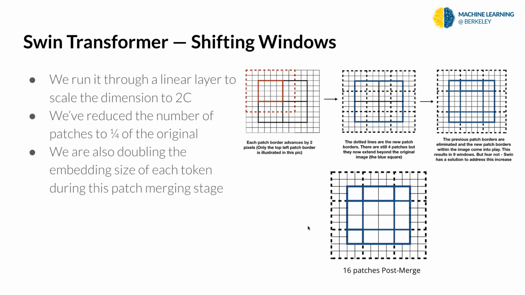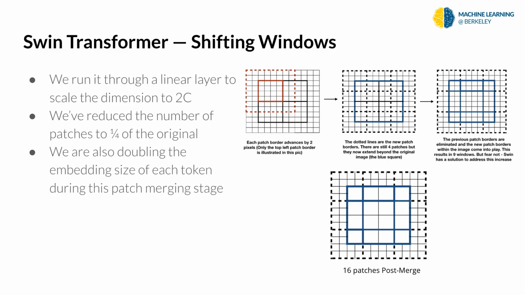We run it through a linear layer to scale the dimension to 2C, and essentially what we've done is reduce the number of patches to 1/4 of the original. The key here is that we're scaling our C along with reducing the total number of patches. So as we reduce the number of patches, we increase the information contained in every patch.